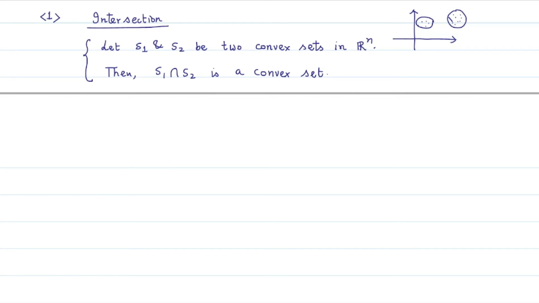To obtain convex sets from a union, we can take the convex hull of the union of two convex sets.